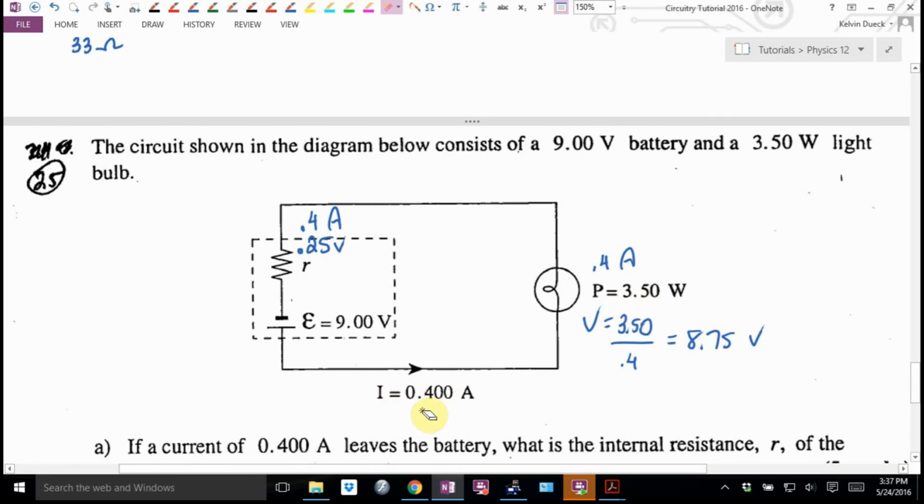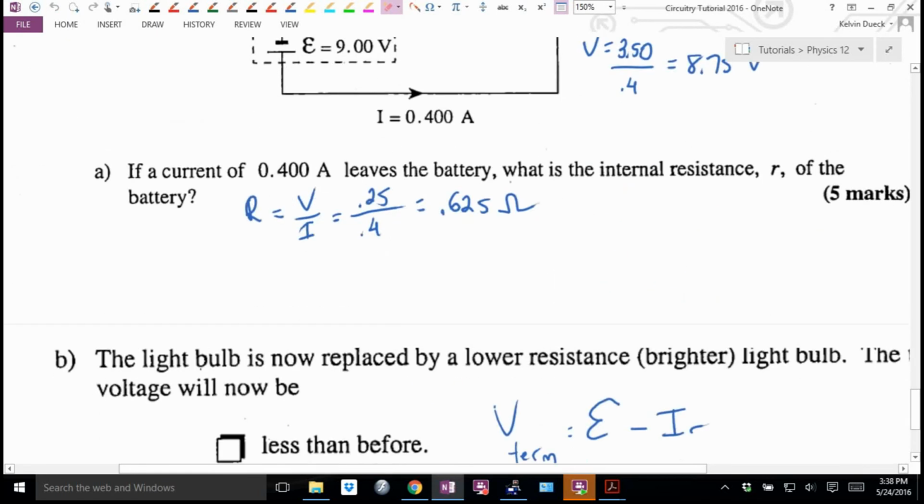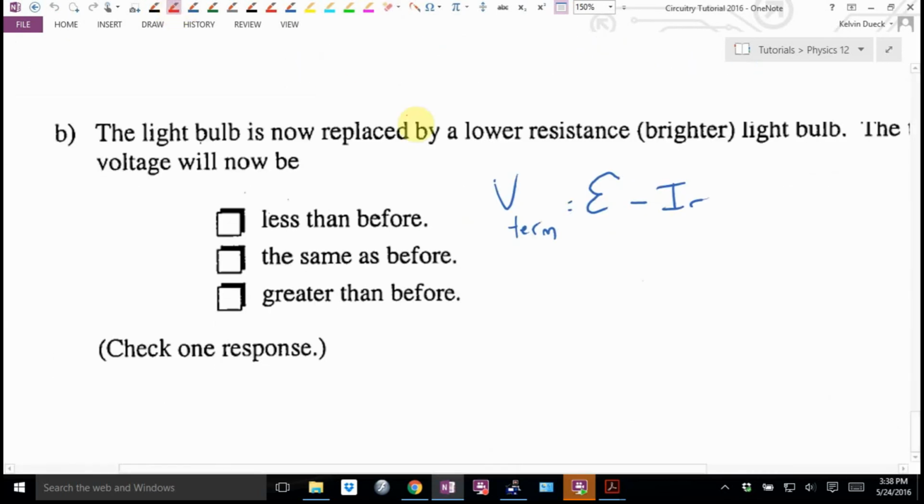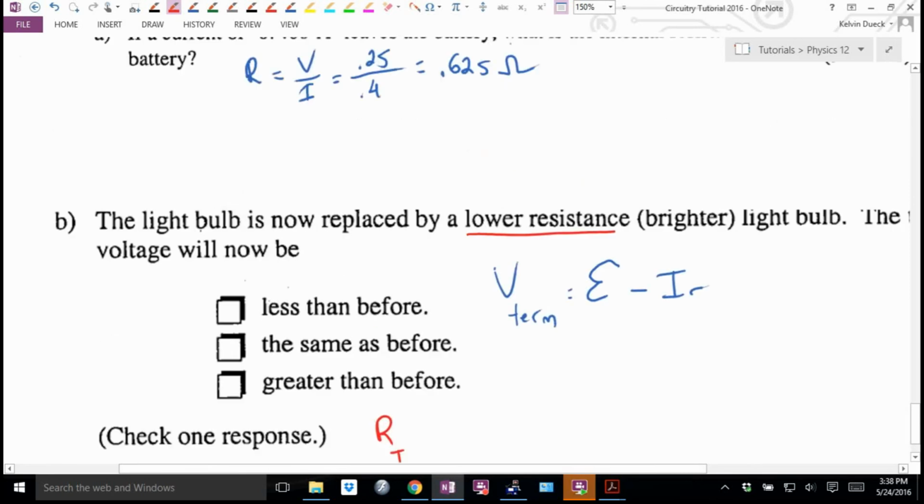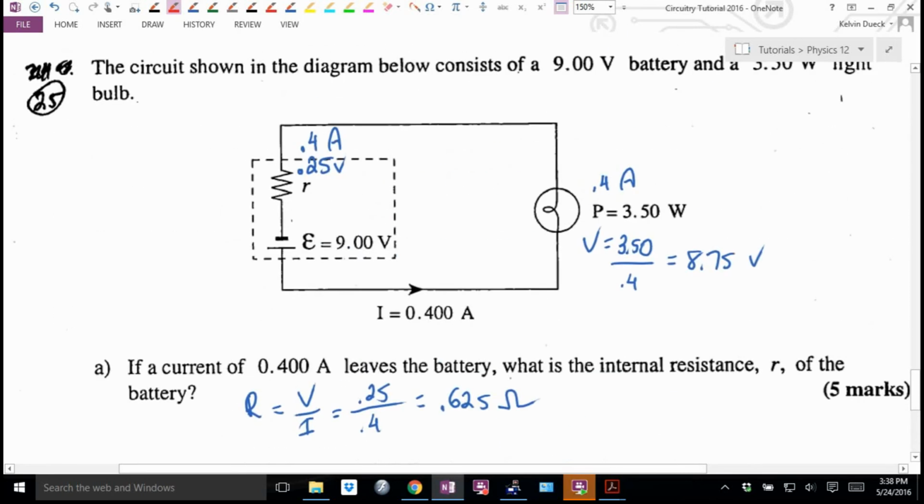So the real question is, if we change this, does this number go up, go down, or stay the same? And then how does that affect the terminal voltage? If you pop the bulb out and replace it with a lower resistance bulb, what happens to your total resistance compared to this situation? Does it go up, go down, or stay the same?